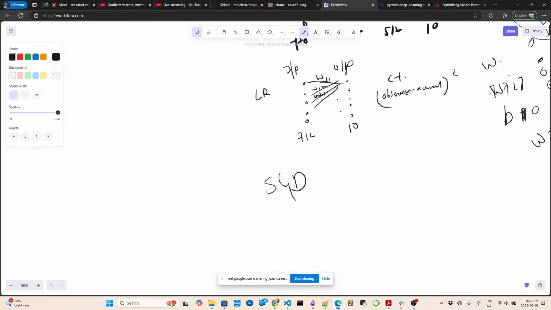So the only reason we are talking about gradient here is because we have an equation, which is our cost equation that we need to minimize. That's why the gradient has come, to minimize that.